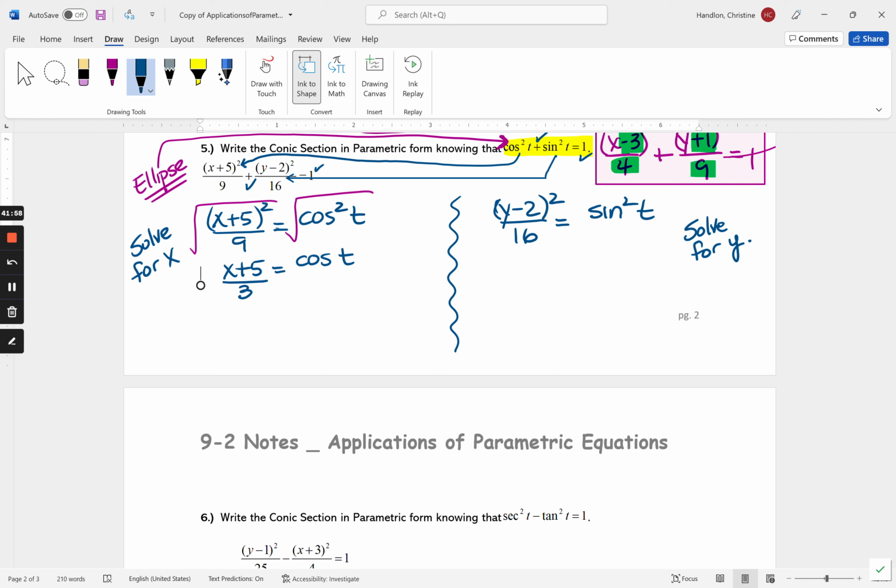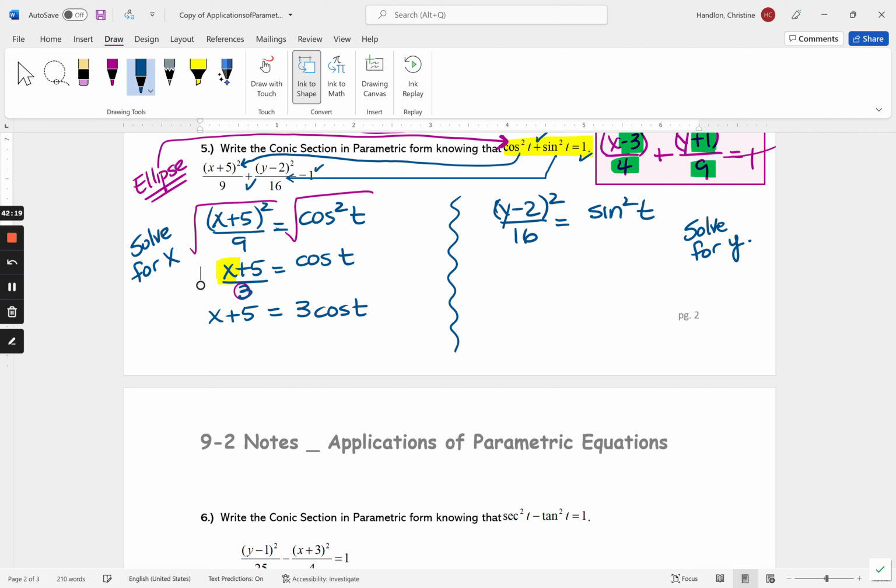Okay? I'm solving for x, so I'm trying to get x by itself. So that means this 3 has to move to the other side. The 3 is dividing, so it needs to go to the other side, multiplying. So 3 times cosine t will just be 3 cosine t.